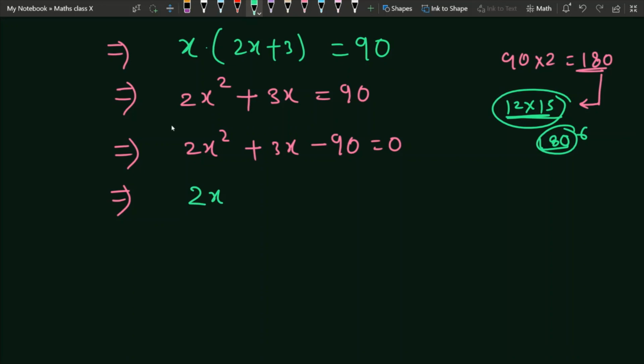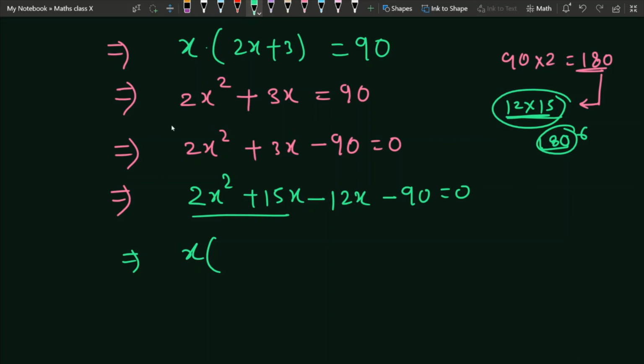So 2x square plus 15x minus 12x minus 90 is equal to 0. This is nothing but, take x outside, you will get 2x plus 15, and then minus 12, not 12, 6.